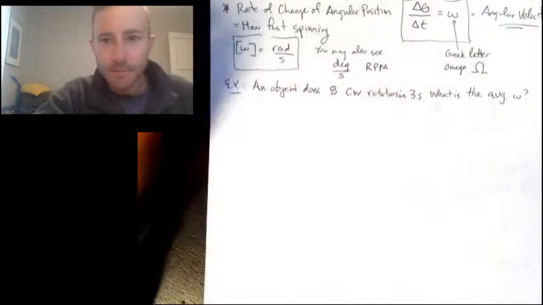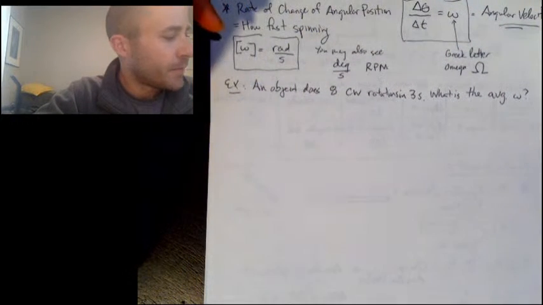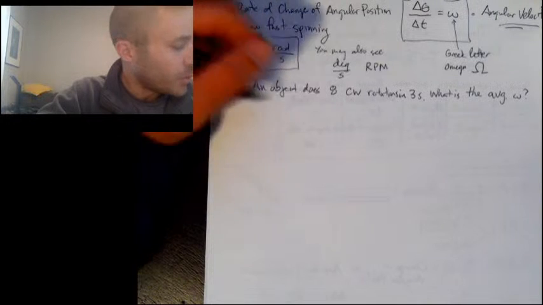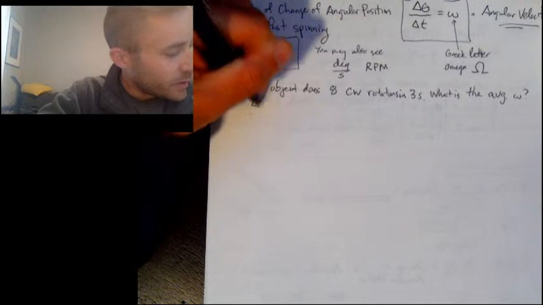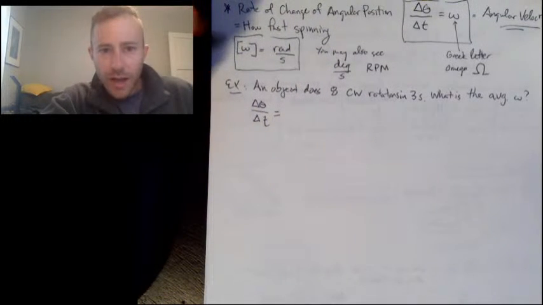What is the average angular velocity? What we would have is delta theta over delta t is omega. So what is the angular displacement?